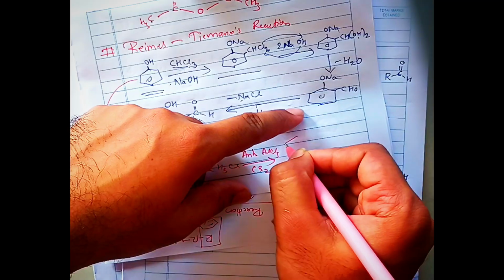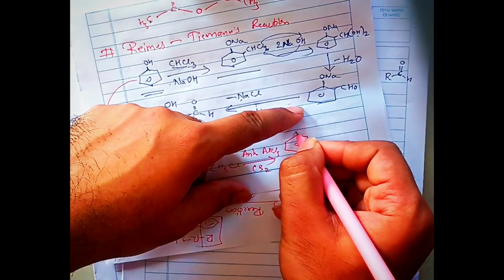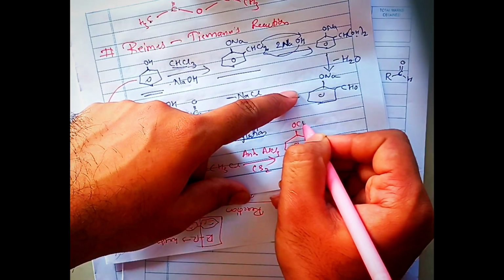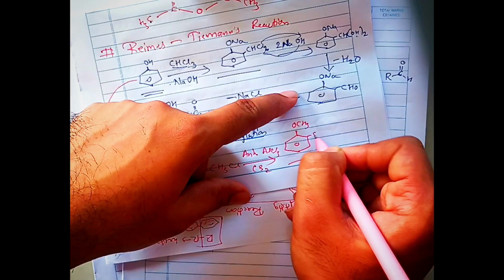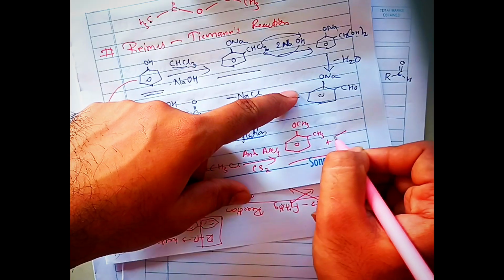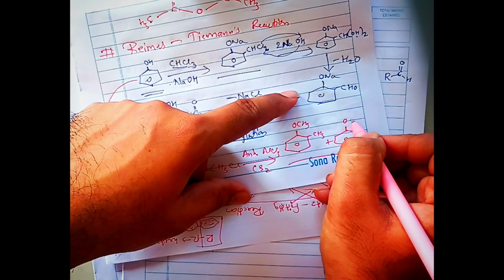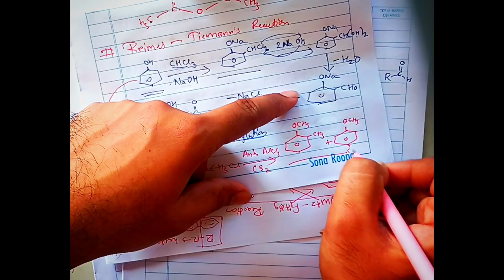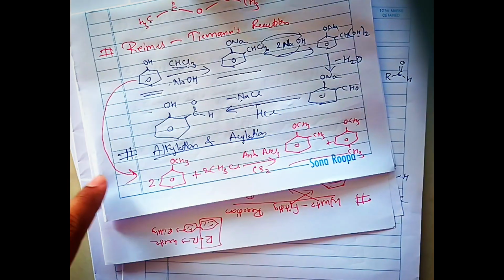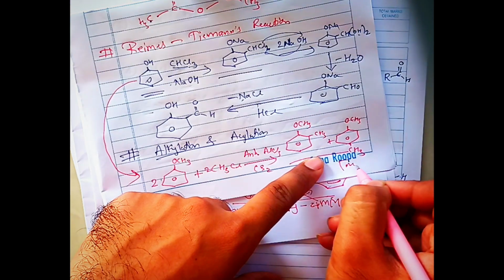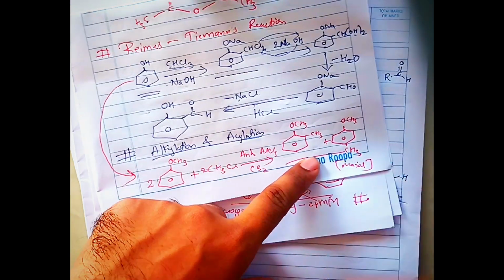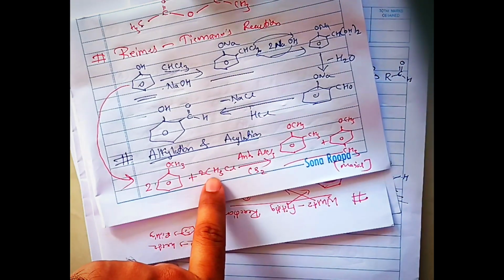It will be minor. Like this alkylation will take place. Here we will get like this, and simple, this will be the major one, right? So this will be alkylation.